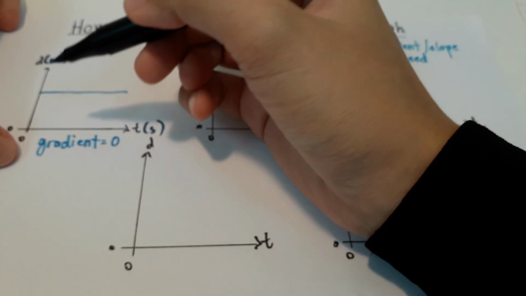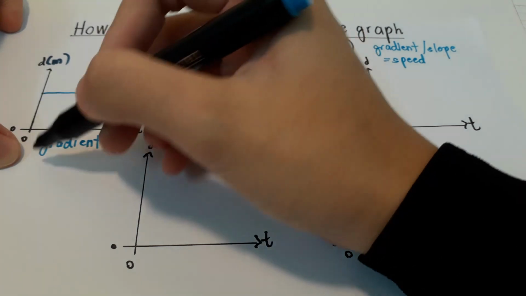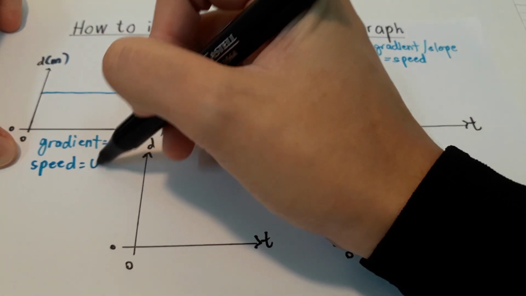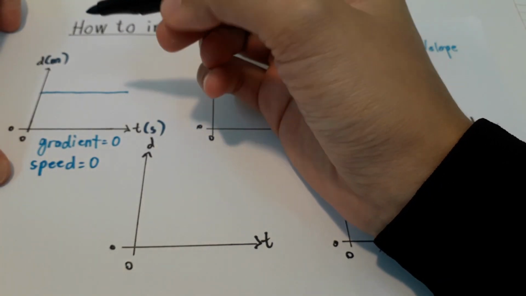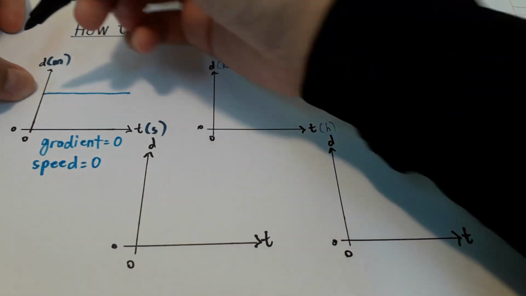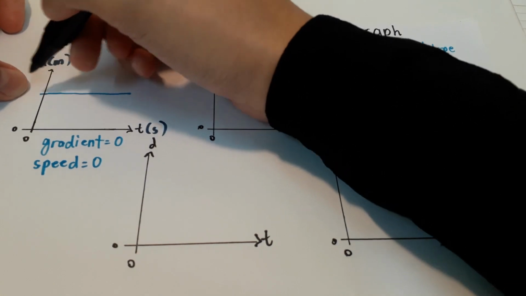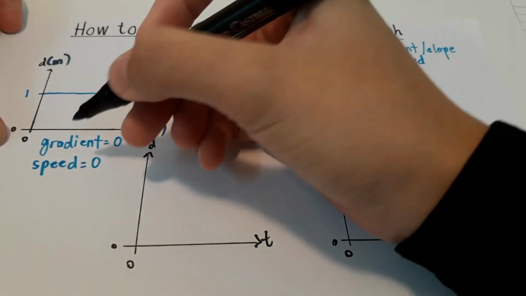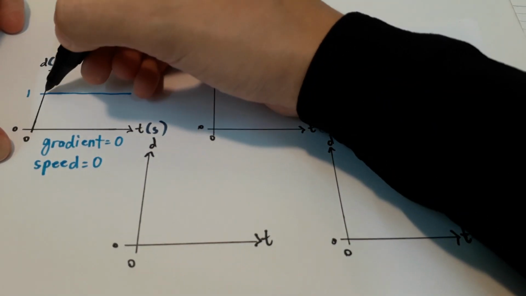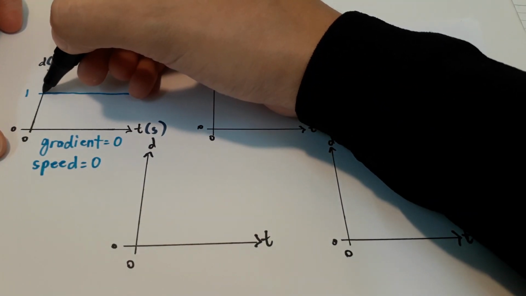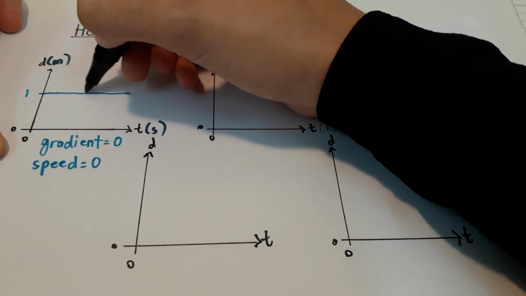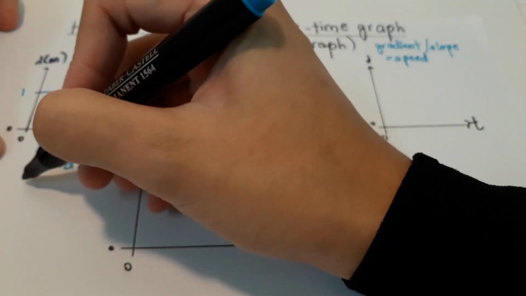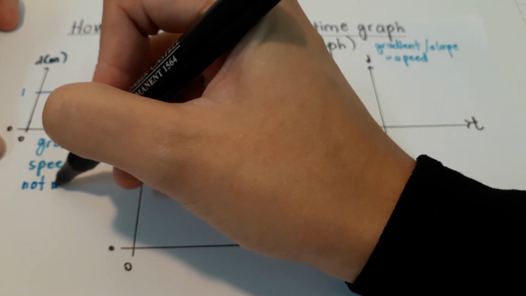If the gradient is equal to 0, the speed also is equal to 0. So what does that mean? Maybe we can put it like 1 meter from the starting point. The object will stay at 1 meter from the starting point all the time, which means the object is not moving.